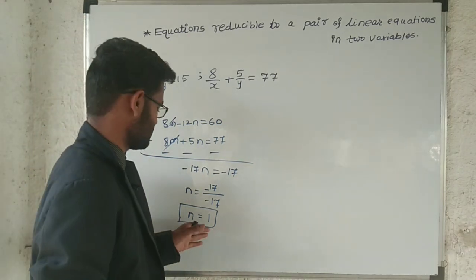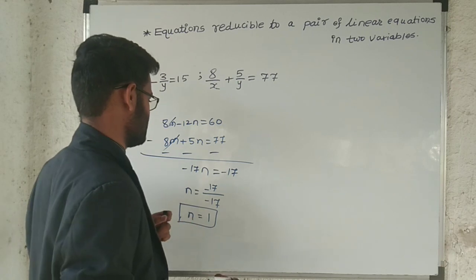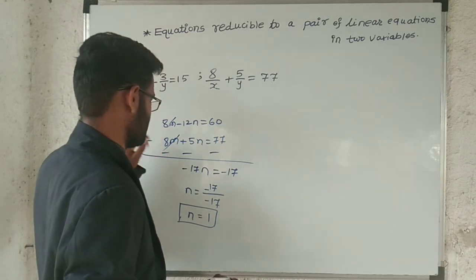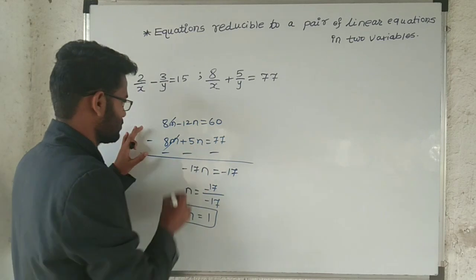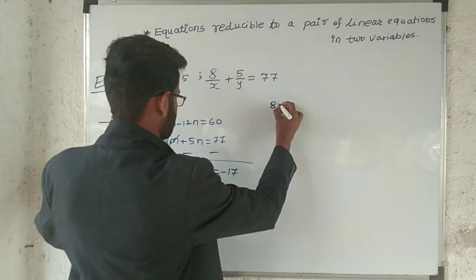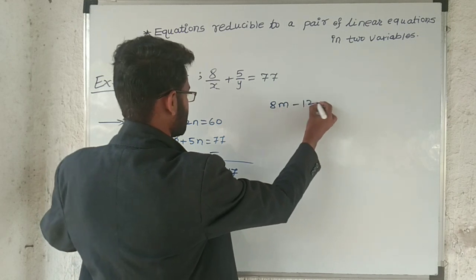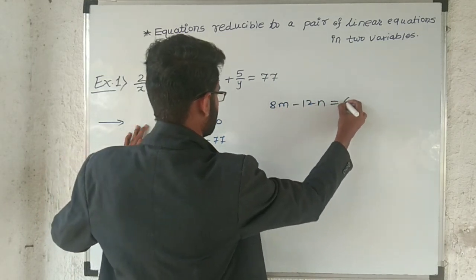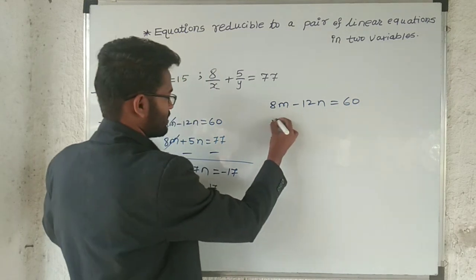Now put this value of n in any equation. I am putting it in this equation: 8m minus 12n is equals to 60.